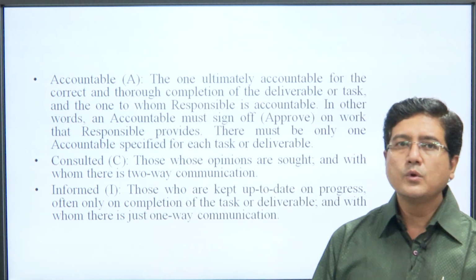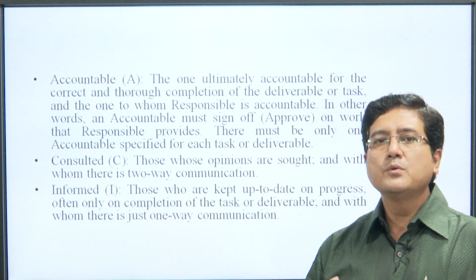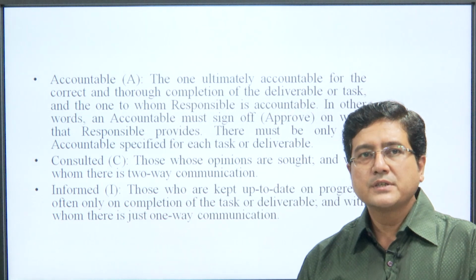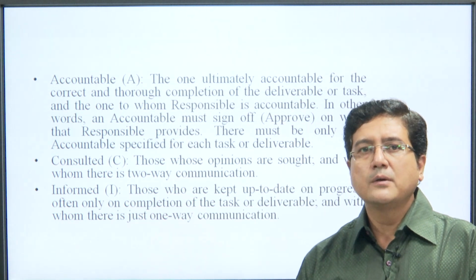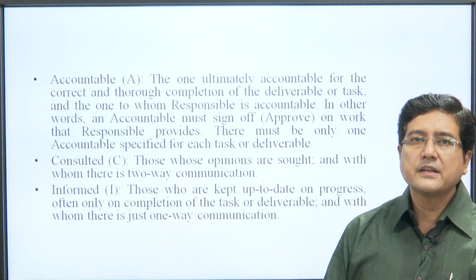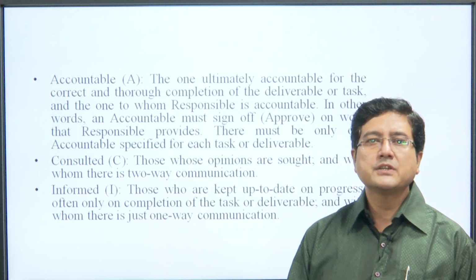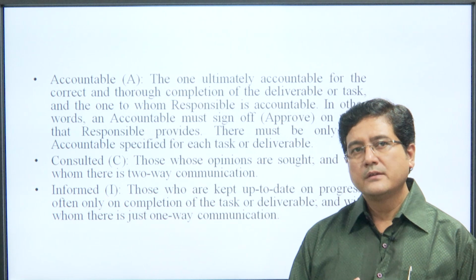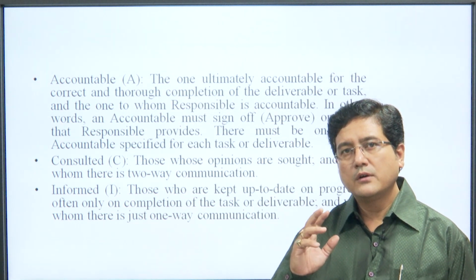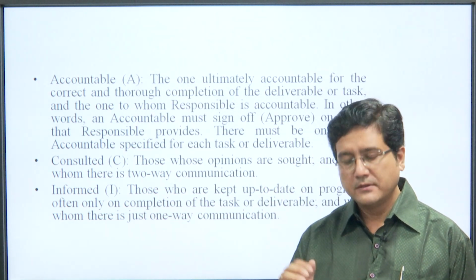Informed: those who are kept up to date on progress, often only on completion of the task or deliverable, and with whom there is one-way communication. So, it is like top management.